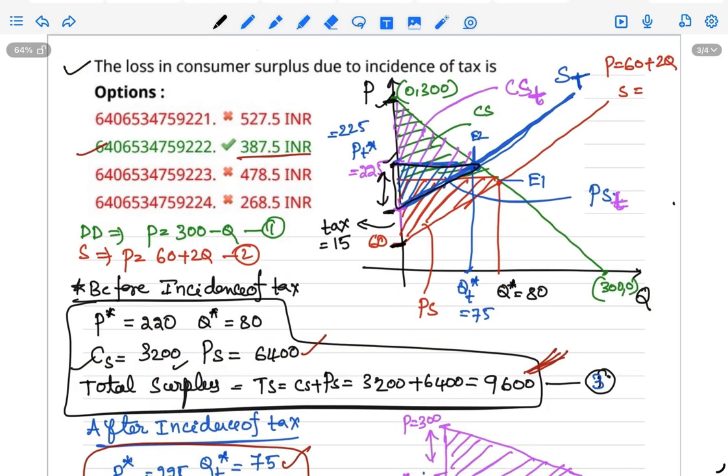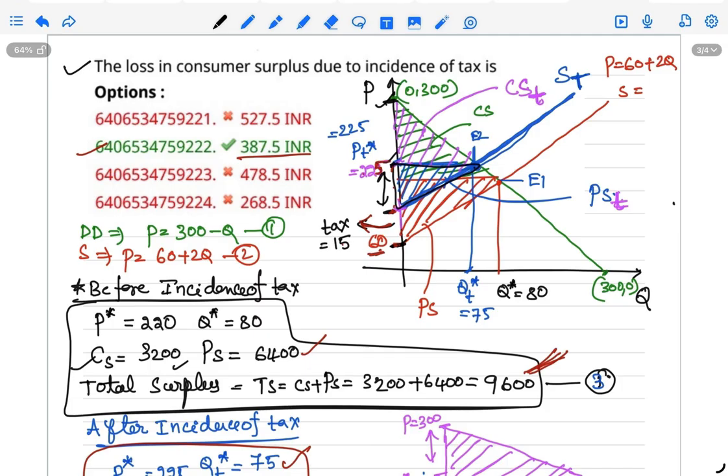You can remember this value is not 220. We don't know this value. This y-intercept of the original supply curve without tax is 60. This gap value is tax. So how do we find this value? 225 minus 15 minus 60. We can find this value. Only this one you can remember.